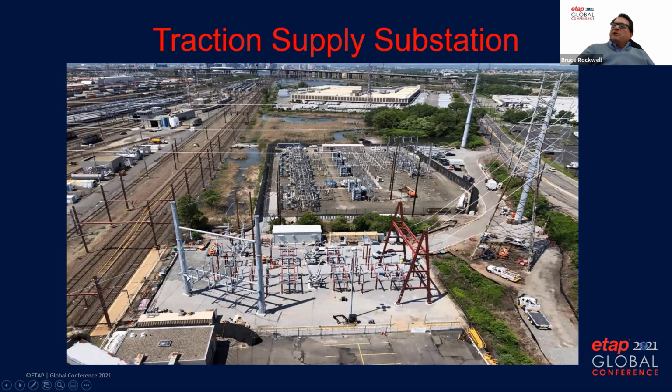You can see this is a temporary supply 230 kV that was built for the project so that we could demolish the 230 here. So you can see here, there's a space where half of the 230 was demolished. And then this other 230 kV half of the substation is in the process of being demolished.